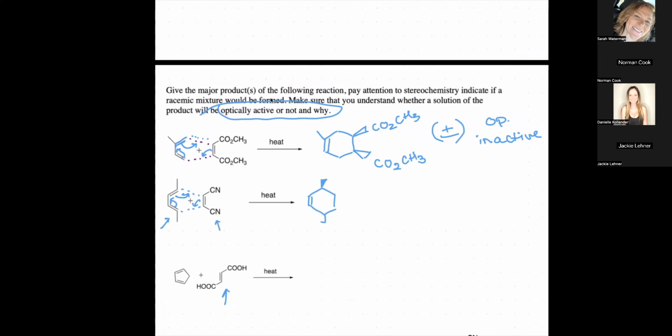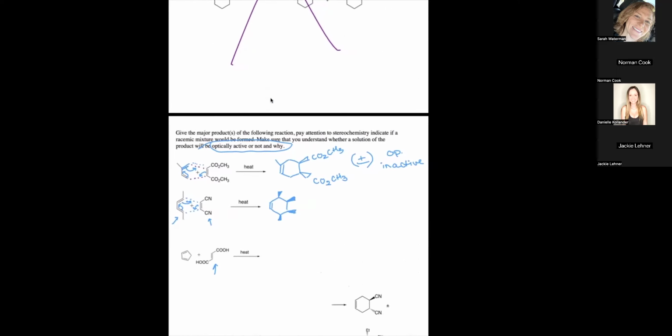If we draw a line here, they're both on the right side, so they're also going to be on the same side. So they're all wedged because they're all out. Yes, they're all out, exactly.